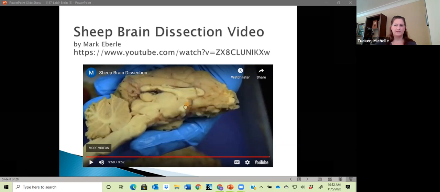So this is that optic chiasma. And then the mammillary body is over here. It's a little difficult to see on this view. But in between those two is going to be the hypothalamus.